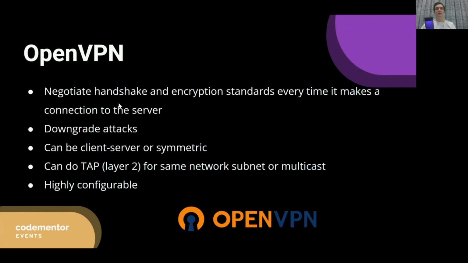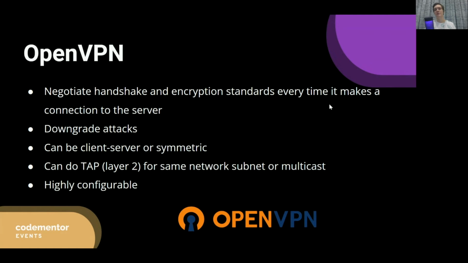OpenVPN negotiates the handshake and encryption standards every time. So that's why the time you need to connect the OpenVPN tunnel is a bit higher than WireGuard. WireGuard does it in a faster way. You just click connect, and in a second or two you're connected.